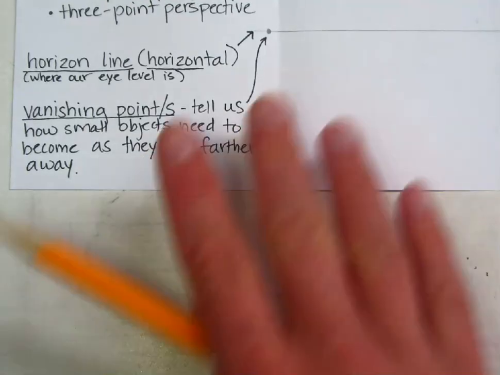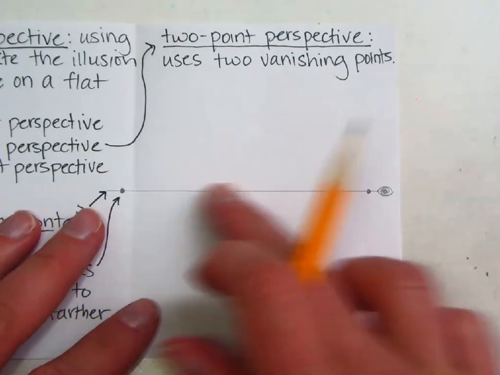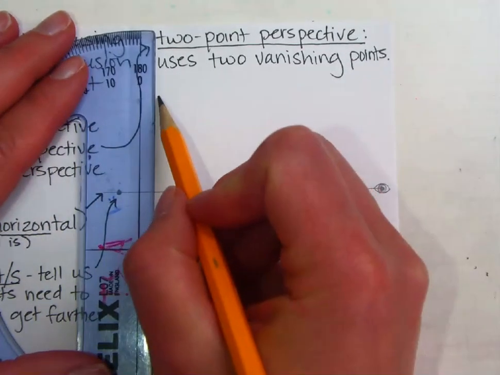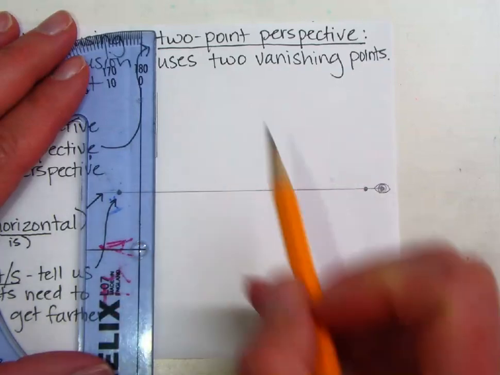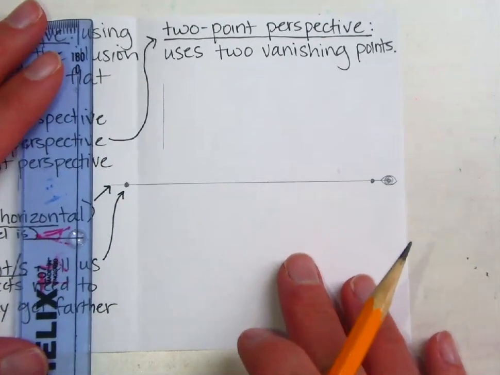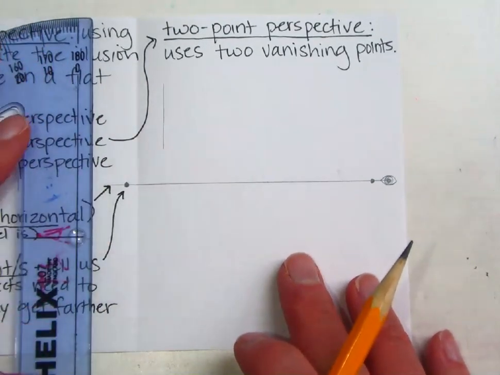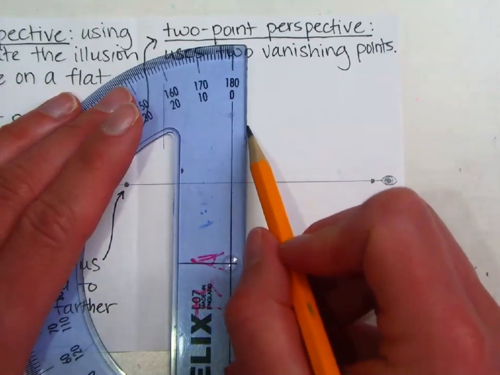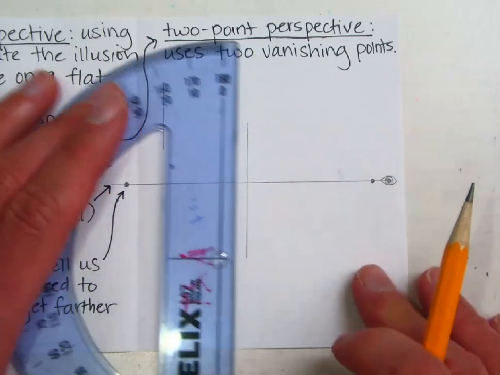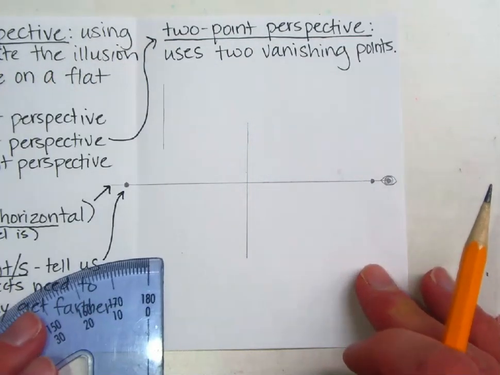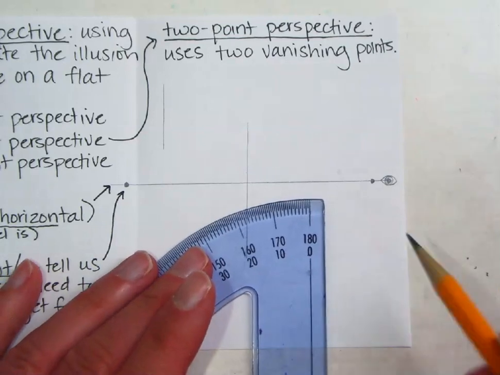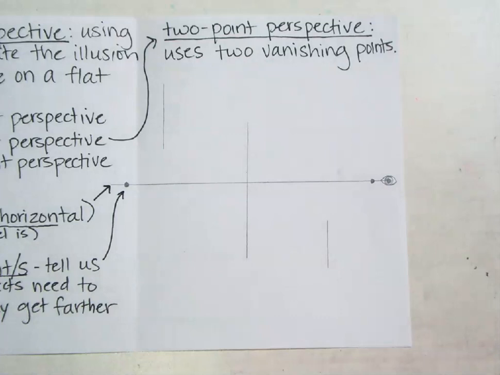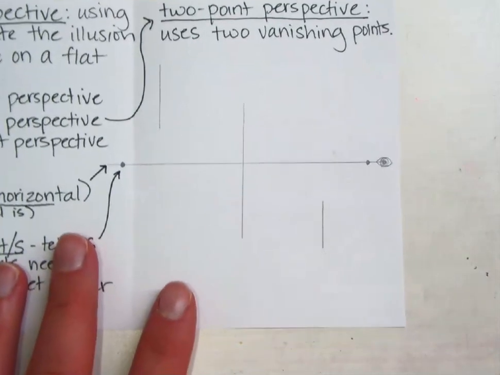All right. So if this is our eye line, we are going to draw one object above. Just draw a vertical line floating above. We're going to have a vertical line in the middle, going over the line, and then we're going to have another line below the line.